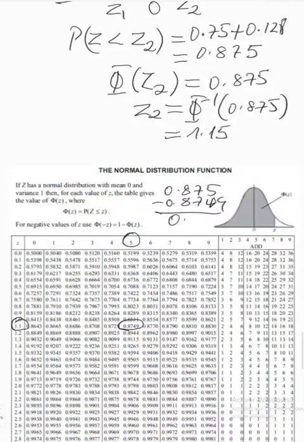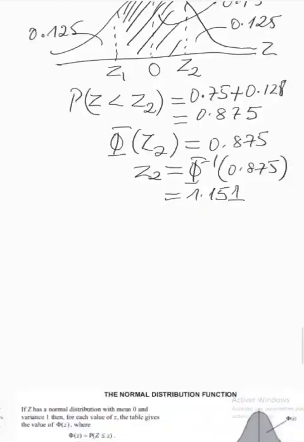That gives 0.0001, giving a probability difference of 1. In the body of the table, we don't have 1, we have 2 and then 4, so we take the one closest to 1, which is 2. Going up at the top, we can read the third decimal place of our z-score as 1. So z2 equals 1.151, and it is positive since the area to the left of z2 was bigger than 0.5.